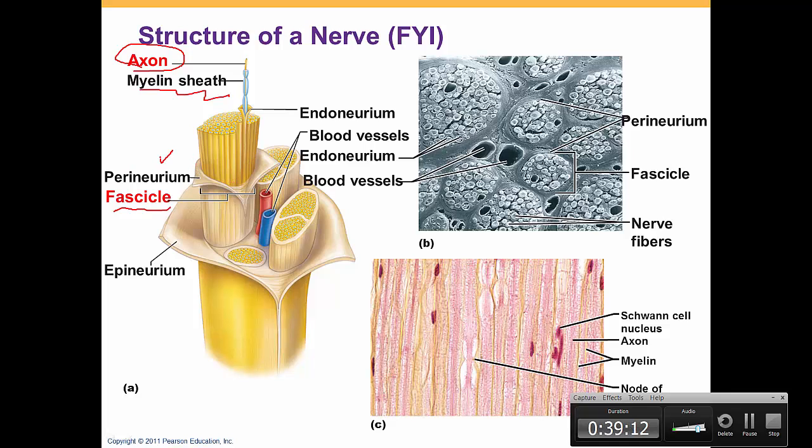We call it the perineurium. So these different fascicles together make my nerve, and they are covered by the epineurium. So of course this is an FYI slide. I just want you to be aware of the structure of the nerve and how it's made of different neurons. And even nerves could include blood vessels in them because these neurons need nutrition.